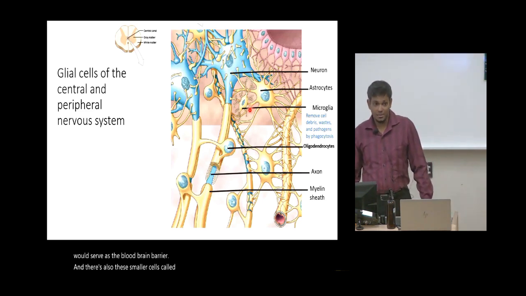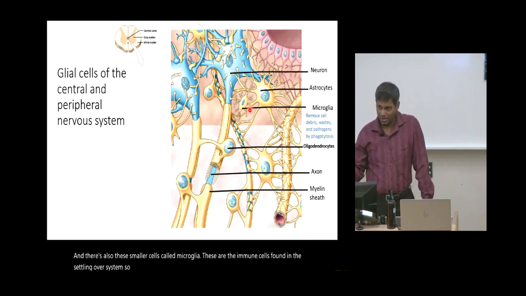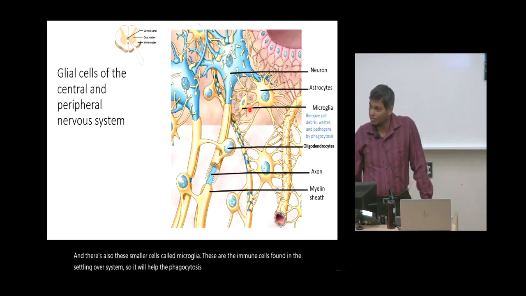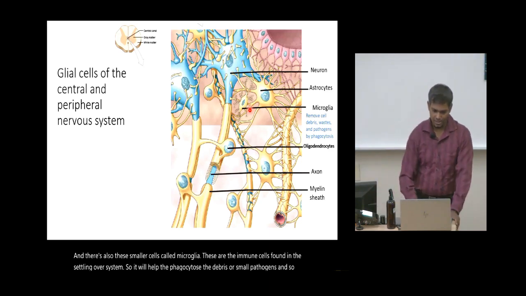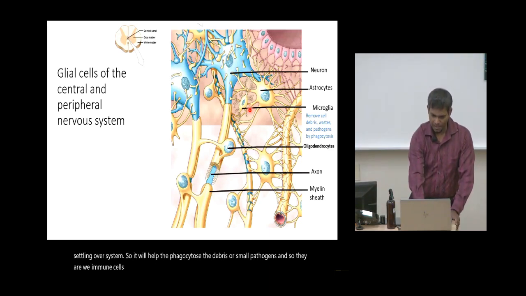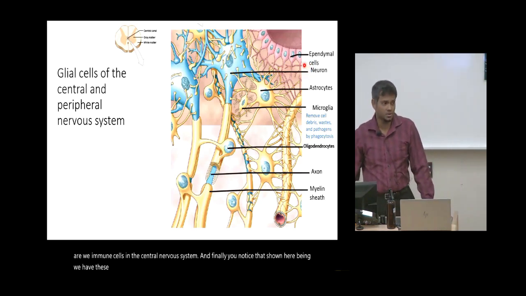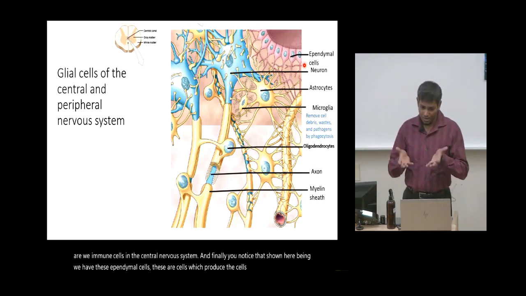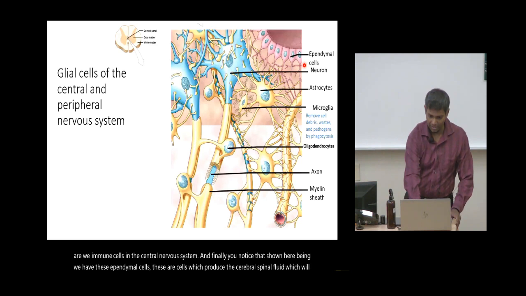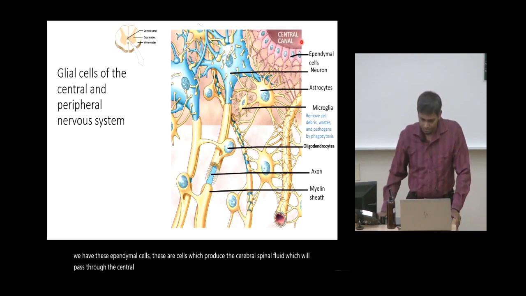These are the immune cells found in the central nervous system. They help to phagocytose the debris or small pathogens. And finally, notice that shown here in pink, we have these ependymal cells. They are cells which produce the cerebrospinal fluid, which will pass through the central canal of the spinal cord.